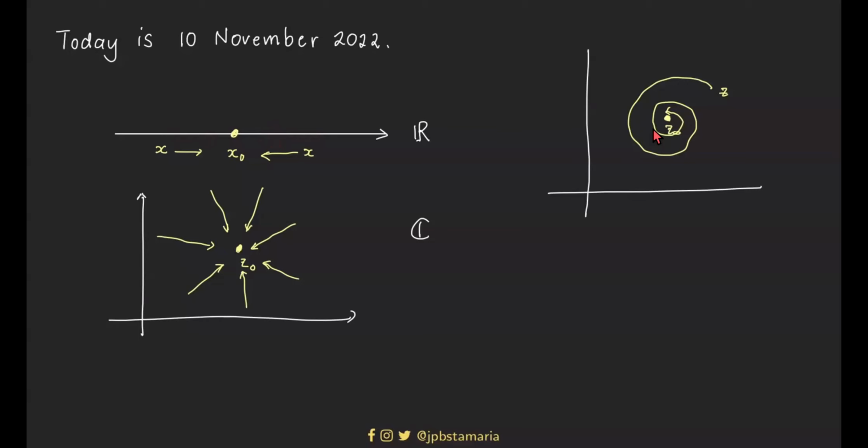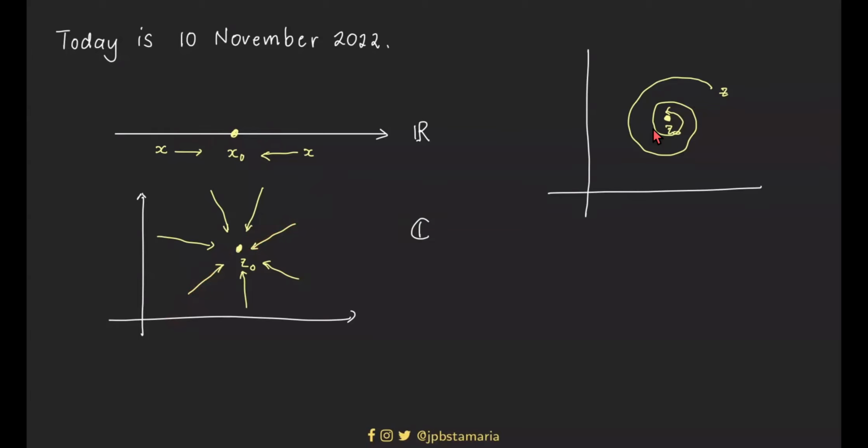Similar in the complex plane, if you were able to find two ways to approach z naught, let's say ito yung isang paraan to approach z naught, and then you get another way to approach z naught, and then yung limit mo dito sa direction na ito ay iba sa limit from this direction, no? Then we can also conclude that the limit does not exist.